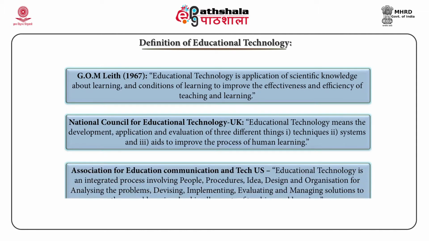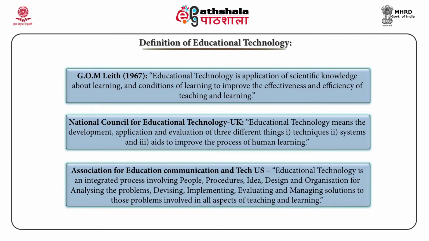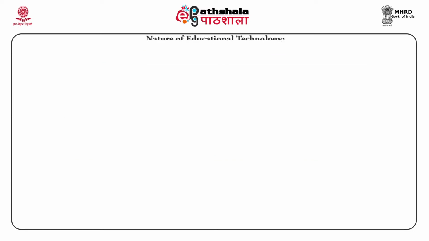The Association for Educational Communications and Technology of the USA says that educational technology is an integrated process involving people, procedures, ideas, design, and organization for analyzing the problems, devising, implementing, evaluating, and managing solutions to those problems involved in all aspects of teaching and learning.